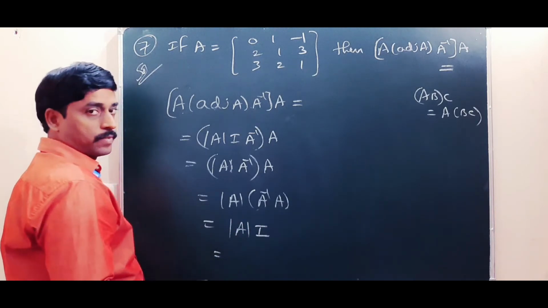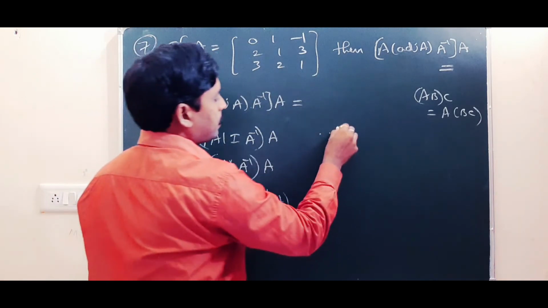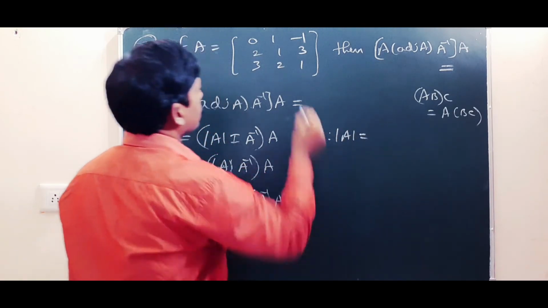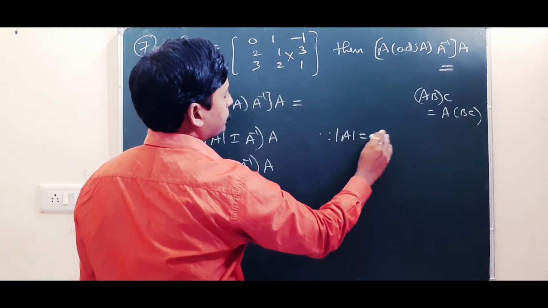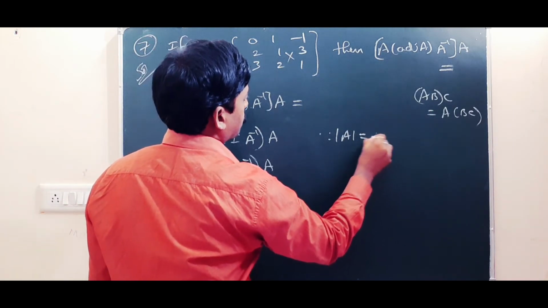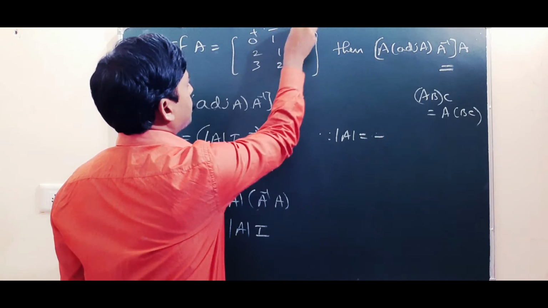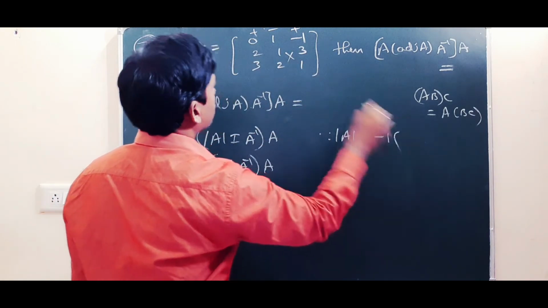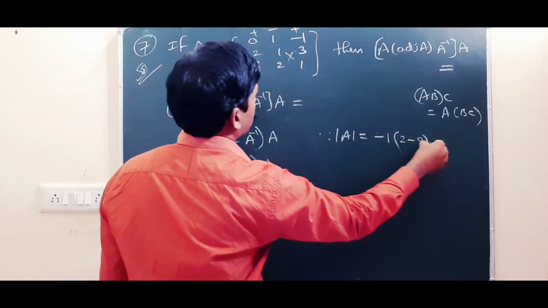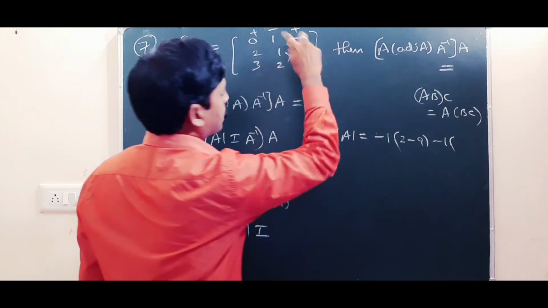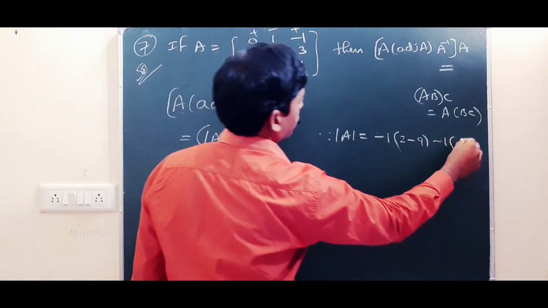So first we have to find the determinant of A value. The determinant of A is equal to, 0 into anything is 0. Next, minus, plus, minus, plus: minus 1 into 2 minus 9, minus 1 plus into minus, minus 1 into 4 minus 3.